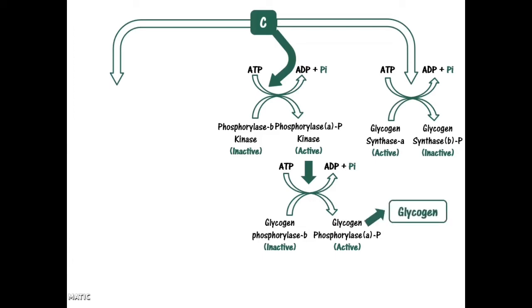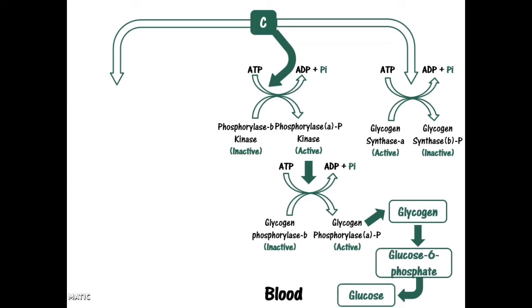The formation of glycogen phosphorylase A, the active form, will activate glycogenolysis by breaking down glycogen into free glucose, of course, by a variety of steps. This glucose produced will be released into the blood.